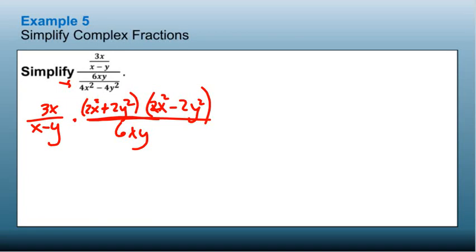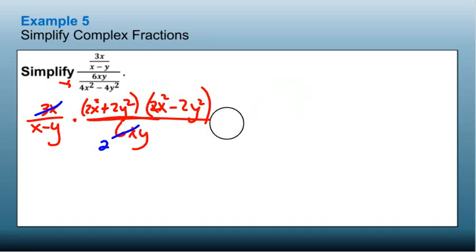So now I can multiply them. I can see what's in common with the numerator and denominator. I can take out a 3x here, divide a 3x here, and I get a 2. Now I'm left with an answer of, in the numerator, in all 4 of these, I can take a 2 out. And if I take a 2 out, I now have x.